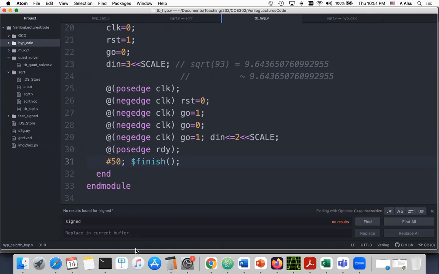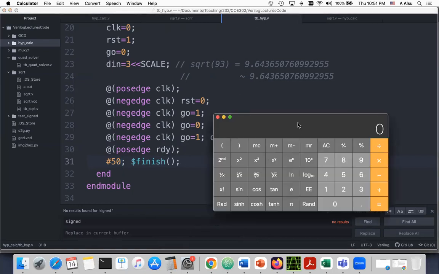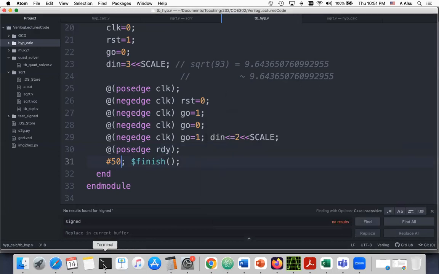Before we jump into the simulation, I would like to calculate the result so that we know what it should be to see whether our result is correct. So 3 squared plus 2 squared is 13, and you take the square root of that, you get 3.605. If you get something like that, then you're close enough.